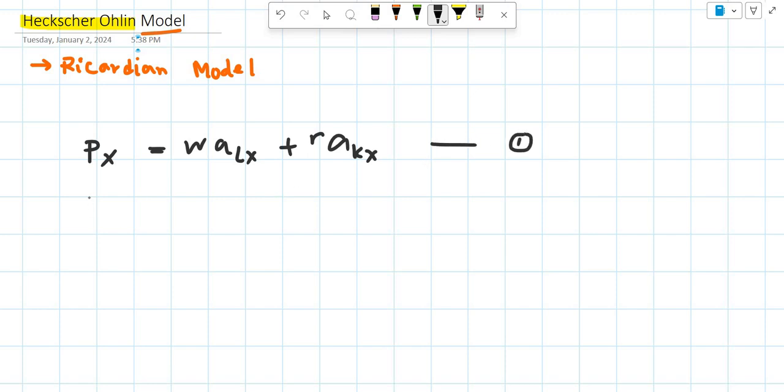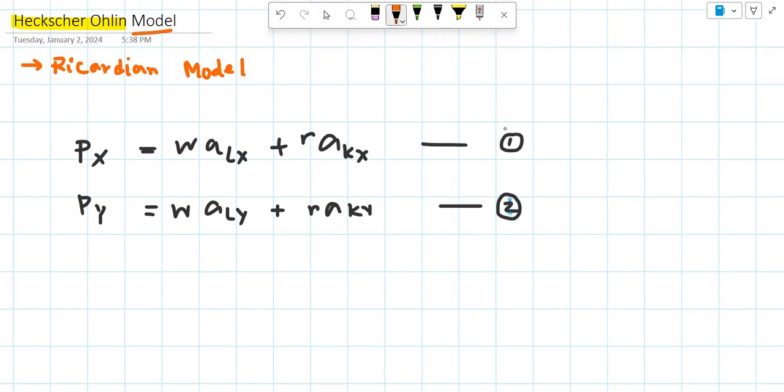And we have another equation. We have Py is equal to, what is Py equal to? Py is equal to W ALY plus R AKY. So these are the two equations. These are our two price equations. Now let's see what we can find from these two equations.